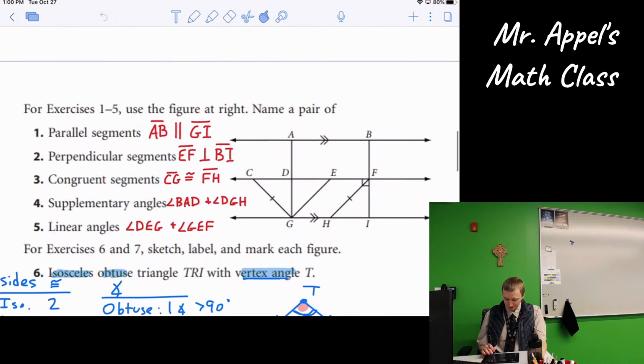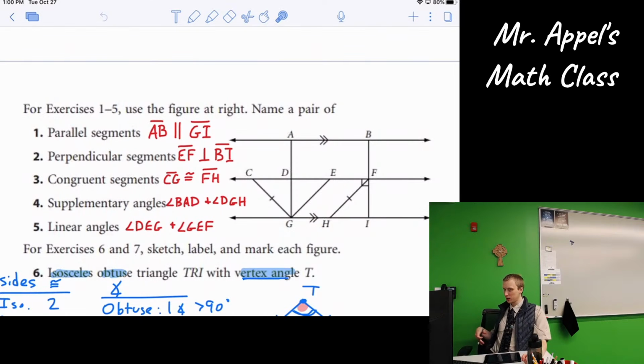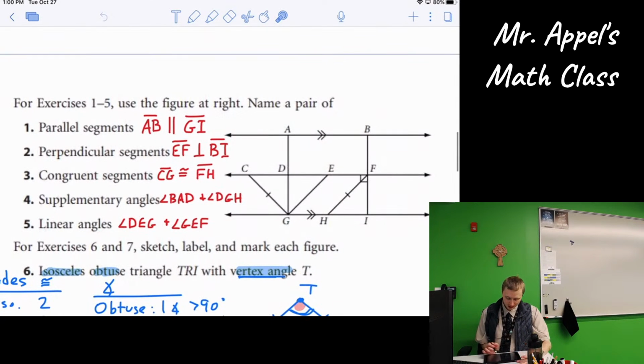Second page. Name a pair of all of these things. There are a number of ways you could have answered each of these. I'll talk a little bit about them. So here's one example. Parallel, there's only the one set of parallel lines. It has to be from these two lines. This one can only be named AB or BA, right? Those are the only letters you can use. This guy, though, you could have used any of these two letters, G and H and I, or G and I. Any of those would do.